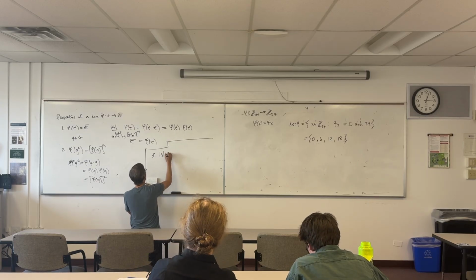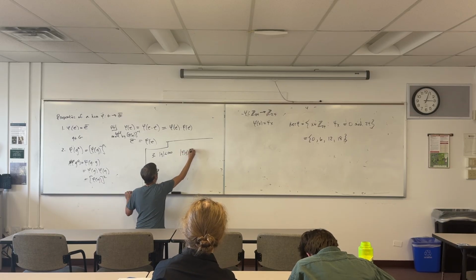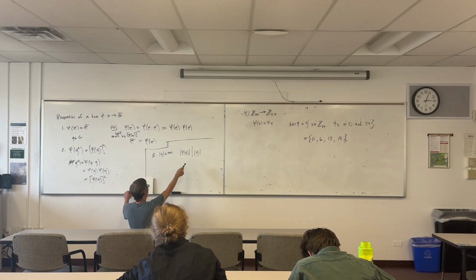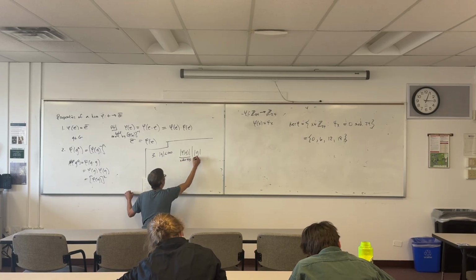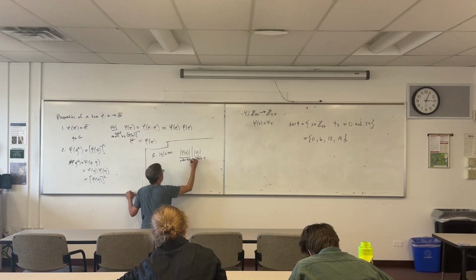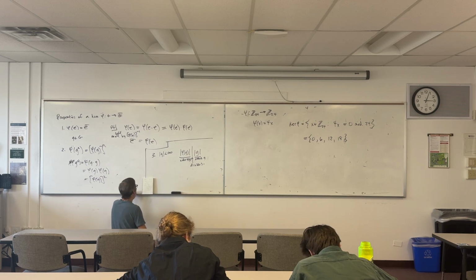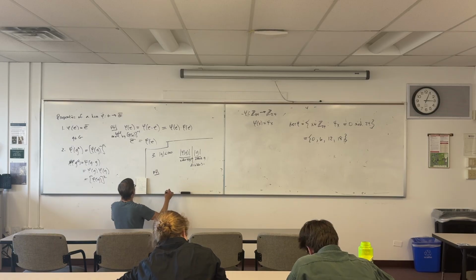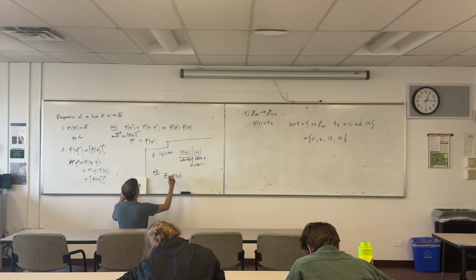If G has finite order, then the order of phi of G divides the order of G. So this is the order of phi of G, this is the order of G, and this is the divide symbol. How does this proof go? A quick proof. We know that E bar is equal to phi of E. We just proved that.